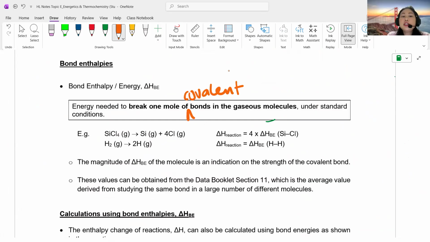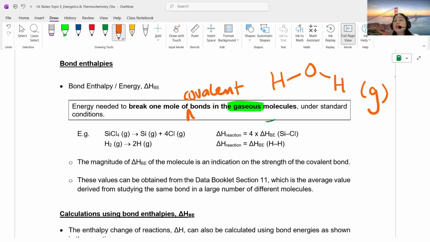It is the energy needed to break one mole of covalent bonds, and it must be gaseous. So if I have H2O in liquid state, can I say that's the bond energy? No, because bond energy must be gaseous. Only when it's H2O gas, which is steam, can I say there's a bond energy. So ionic, no bond energy. Other states, no bond energy, because by right, it should be gaseous.